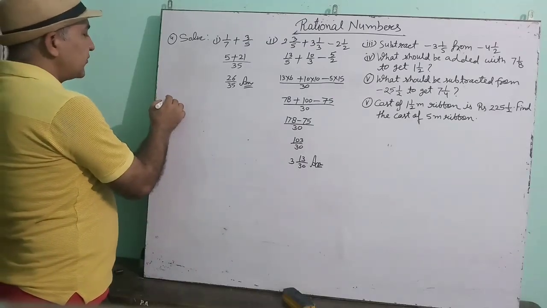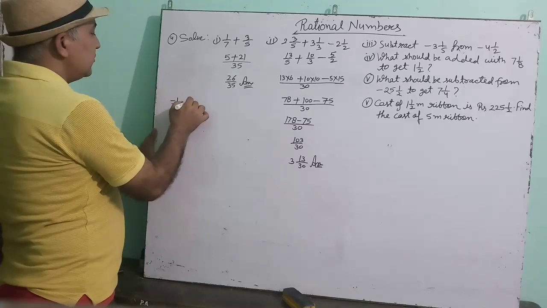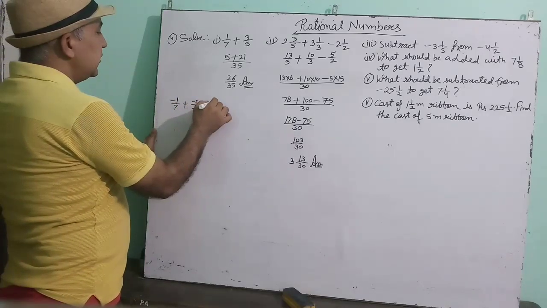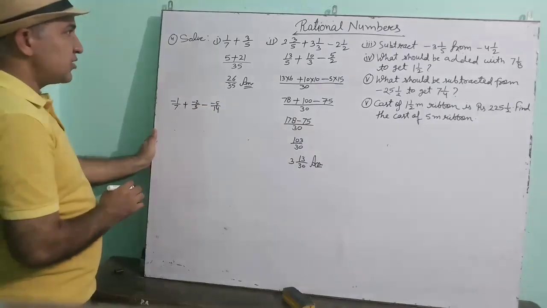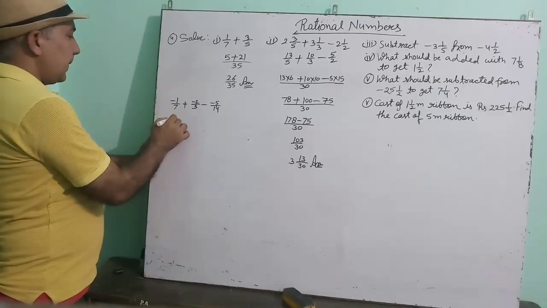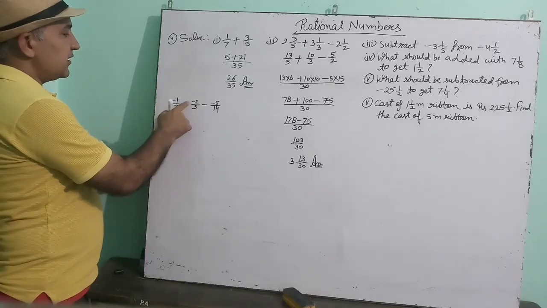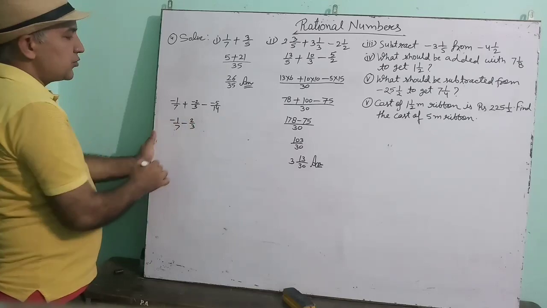See one more. Suppose that minus 1 by 7 plus minus 2 by 3 minus 5 by 14. Now see how to solve this question. Okay. Minus 1 by 7. This plus and minus will be multiplied together. It will become minus 2 by 3.